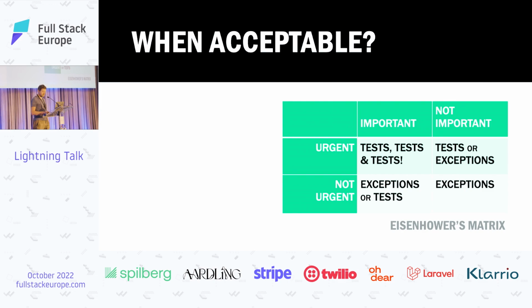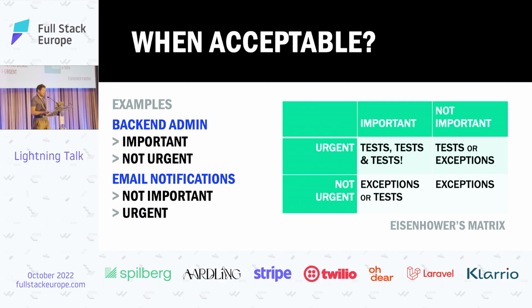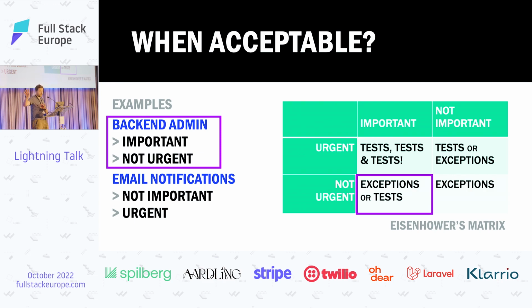But in all of the other cases, you can survive easily without testing. For instance, a backend admin, where only some people are adding content. If you make some changes somewhere to a component or to a database structure and it goes wrong, you just receive an exception and you will fix it. There is not a rocket that is crashing or this kind of thing.